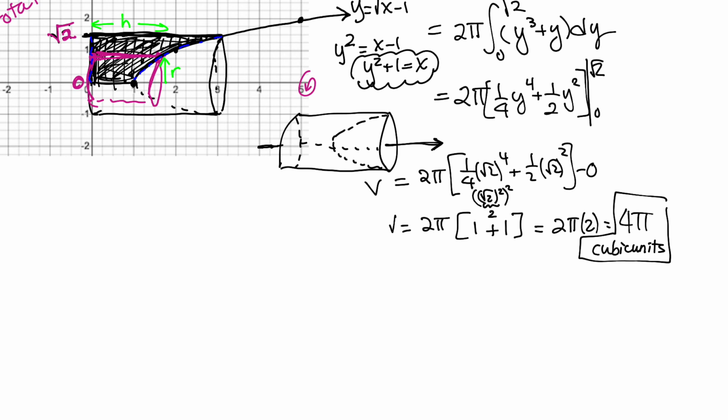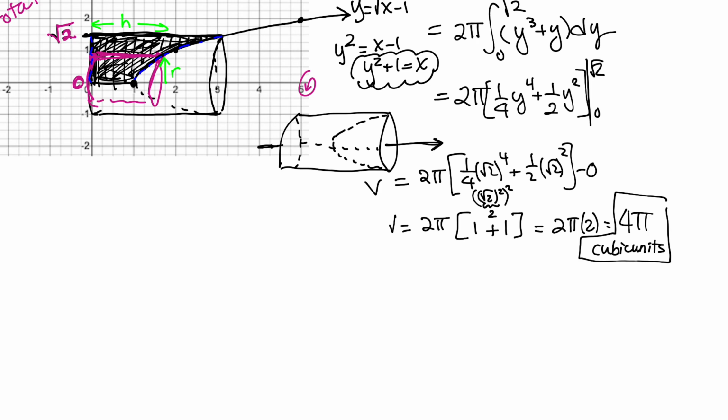This cut is around 1/2 unit wide. My radius is about 1/2, but it matches the y value where I'm cutting. Maybe a cylinder right here is only 1/4 radius wide, but it matches the value on the y-axis. So the radius in a cylindrical shell is simply your variable of integration.